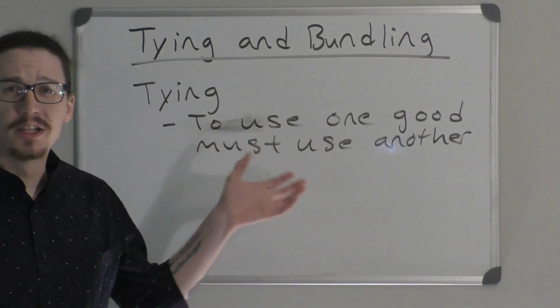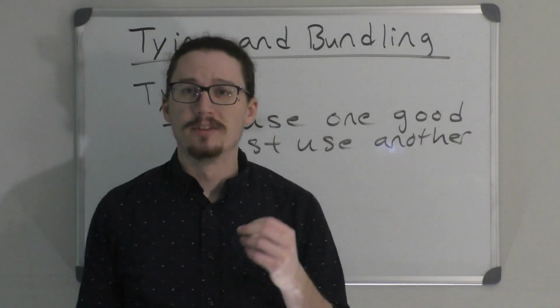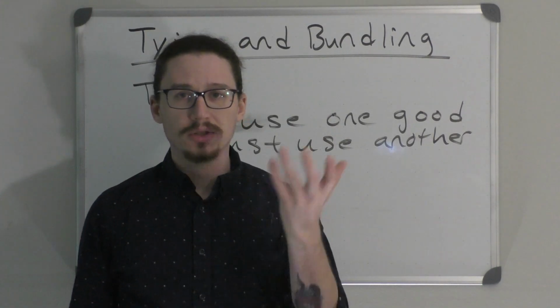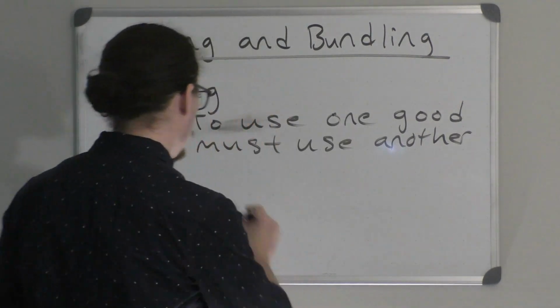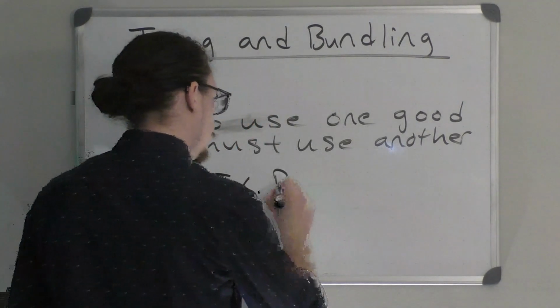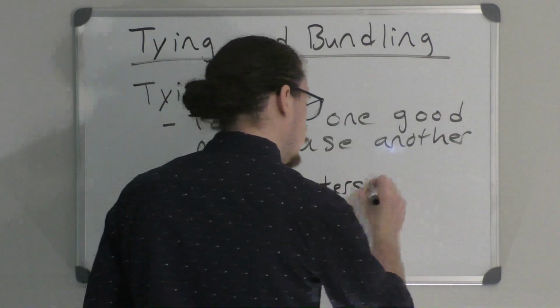The simple definition of tying is that in order to use one good, you have to use another good, and specifically another good that's made by the same firm. So in order to use this one good, I have to buy this other good from the same company.